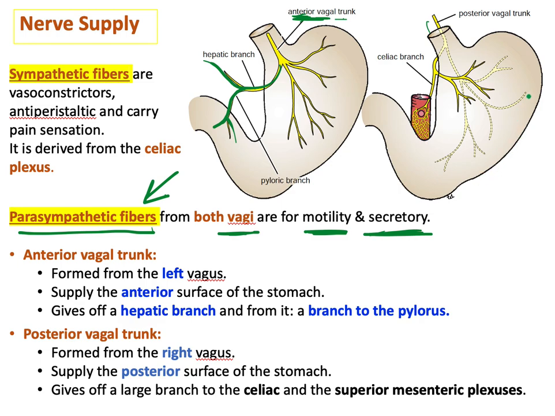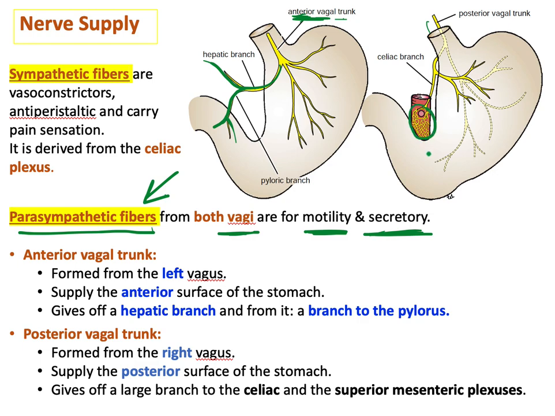Okay, now what about the posterior surface of the stomach? Also, the parasympathetic fibers reach the posterior surface of the stomach. Look, the dotted line means I'm talking about the posterior structures in the back. The posterior vagal trunk innervates the posterior surface of the stomach, and it gives off not a hepatic branch, but a larger branch to the celiac plexus.